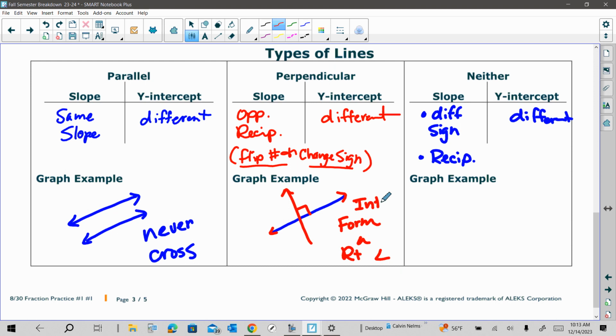Intersection, I'll put that in there. The intersection forms a right angle. If it's neither, then you can just have one increasing and the other one decreasing. So they just intersect. That's all they do. If it's neither, it's just an intersection.